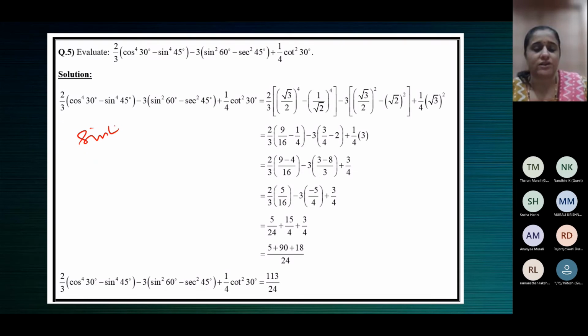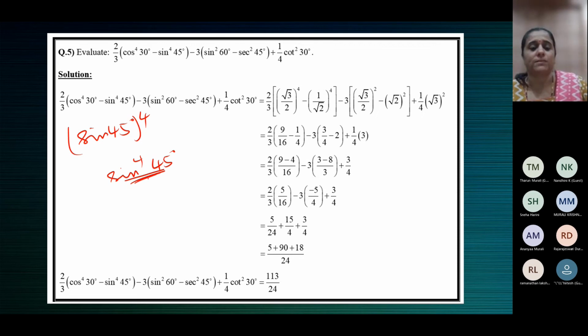Sine 45 degrees, the whole power 4. So whatever is the value of sine 45, 1 by root 2, the whole power 4, because the power is 4.